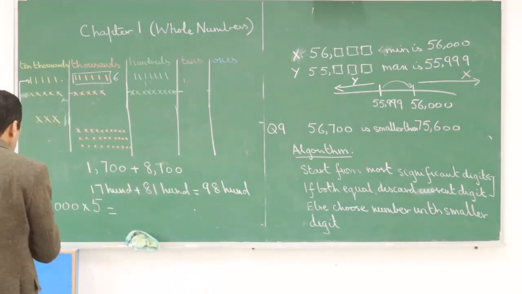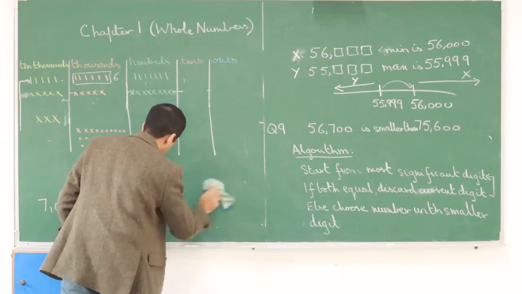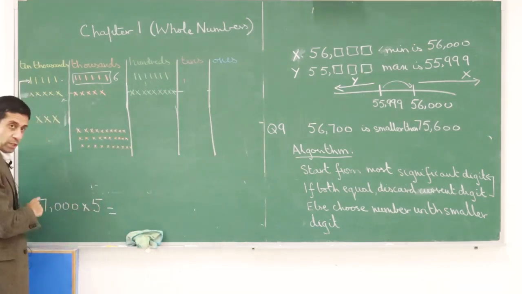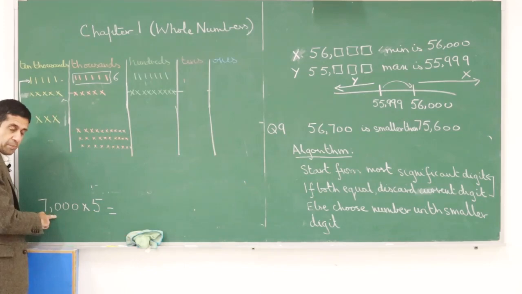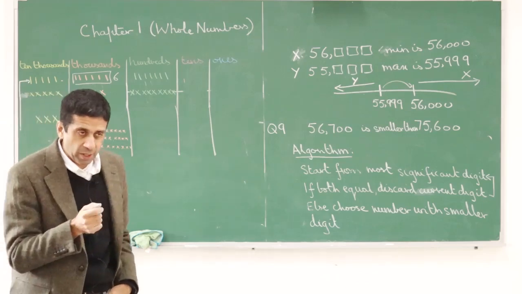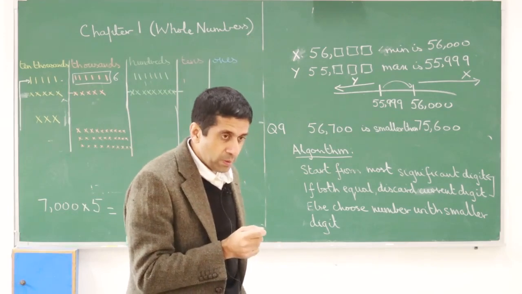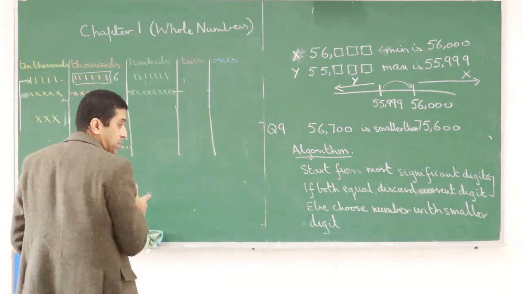So 5 times 7 is 35, and you get 35,000. How did you think about 7,000? Think of it in dollar terms. You have a $1 bill, a $10 bill, a $100 bill, a $1,000 bill, a $10,000 bill. You want to think of 7,000 as 7 $1,000 bills.